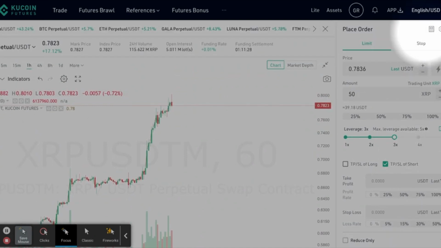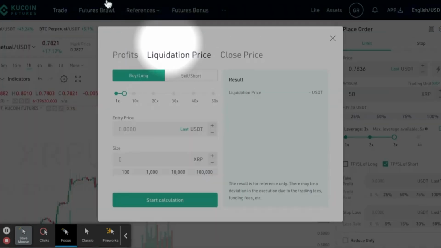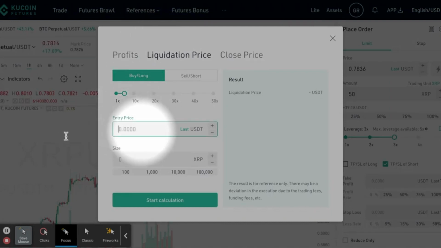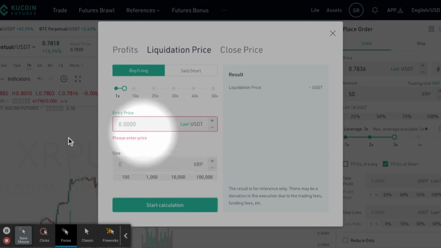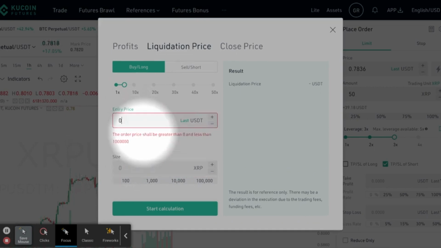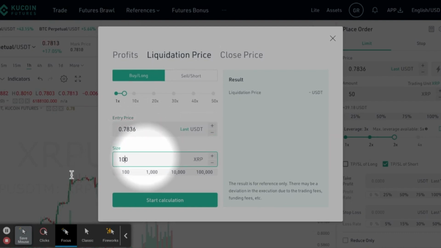One thing that is cool about the website though is you have a calculator. I think it's on the app as well. This calculator up at the top, you can actually go to the liquidation price. So if you remember, we're at times 5. Our entry was, what was it, 0.7836, and we have 50.